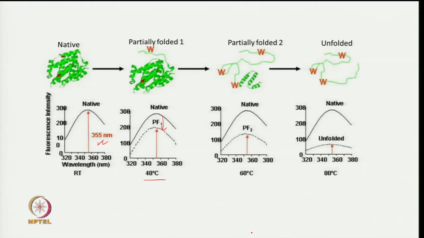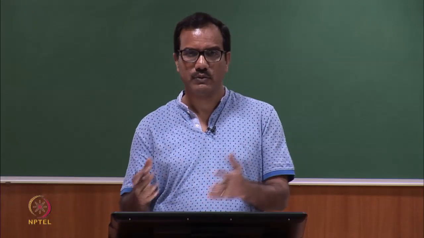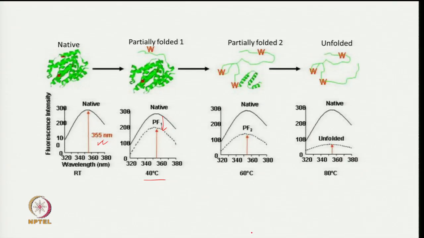This decrease is because the fluorophore is going from a non-polar environment to a polar environment, and I have already talked about the effect of solvent on the fluorescence intensity of a fluorophore. So, the decrease is expected since tryptophan is going from a more hydrophobic environment to a polar environment.